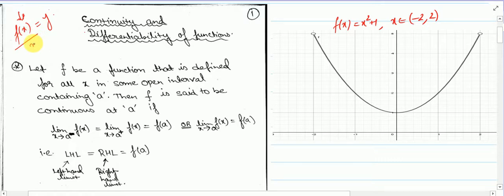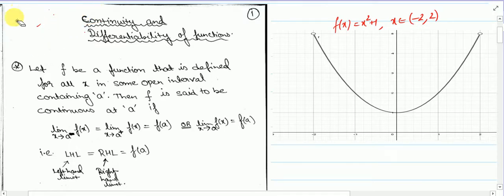So when you plot the graph for these points, input comma output, you'll get a graph. For some functions, you can draw the graph without lifting the pen. So we say that that function is continuous.